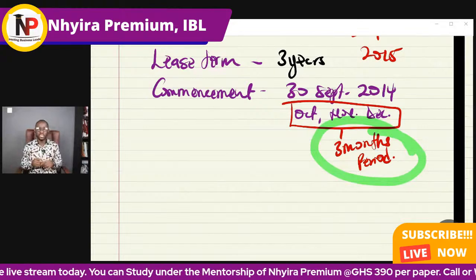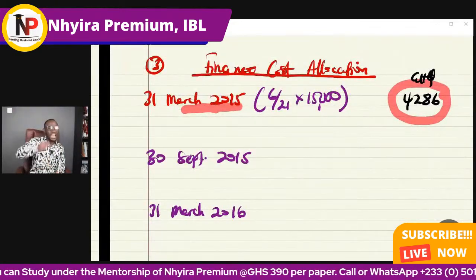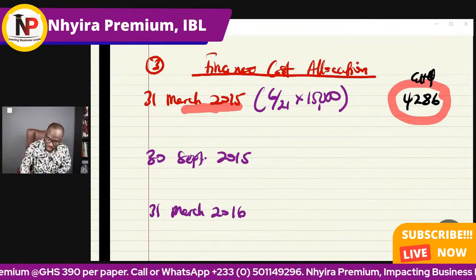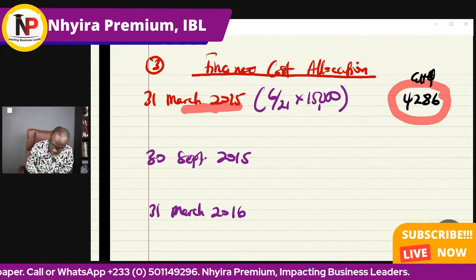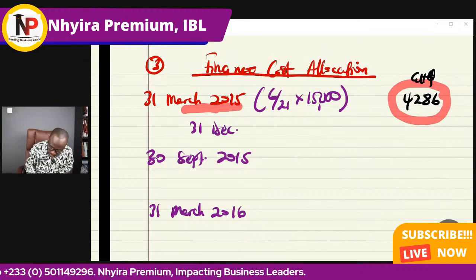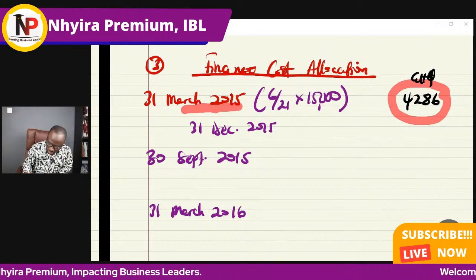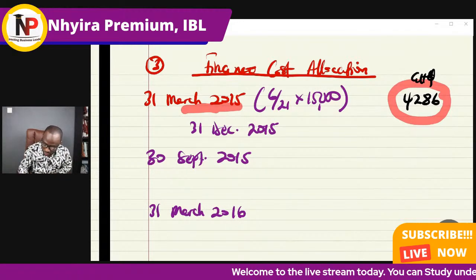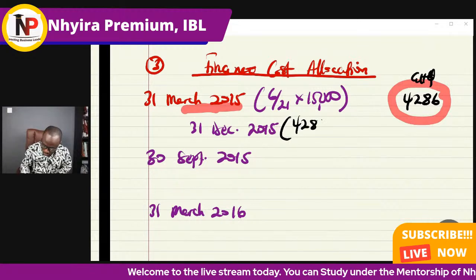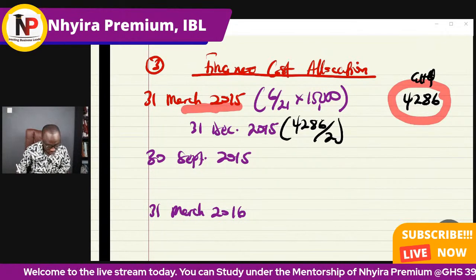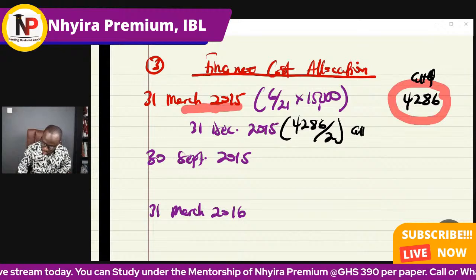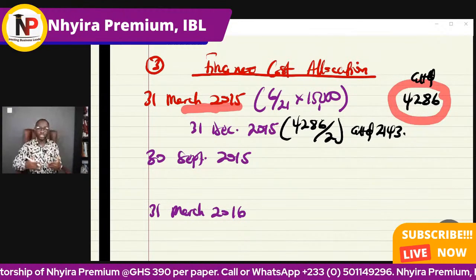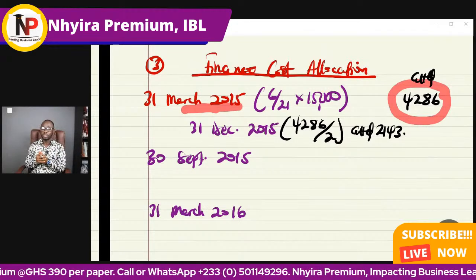So if this whole amount is for 6 months, we will divide it by 2, and half of that would have to go to the financial statement for the year ended 31st December 2015. So for the year ended 31st December 2015, half of this amount will be going there. 4286 divided by 2, which is going to be 2143, will be going into the financial statement as at 31st December 2015.